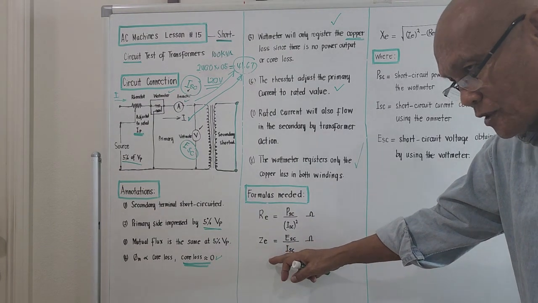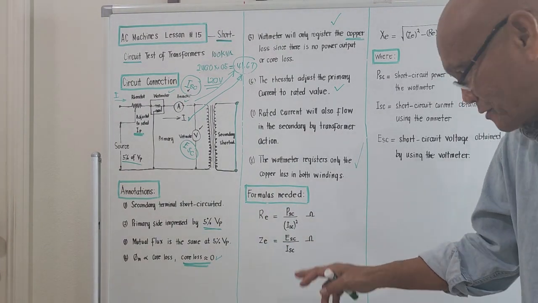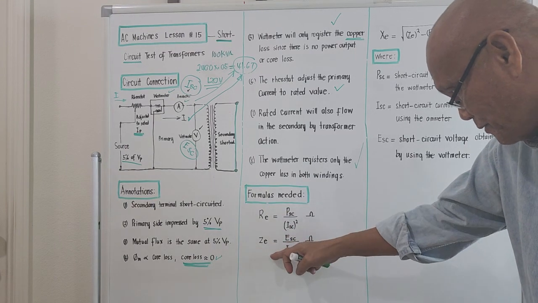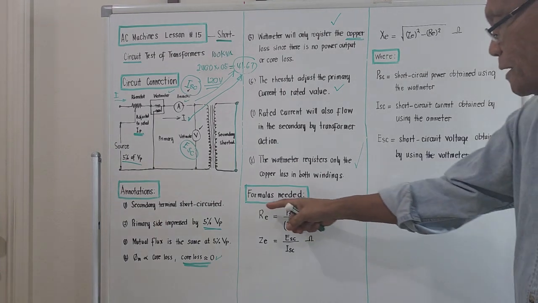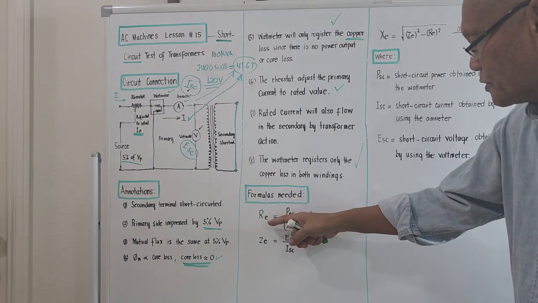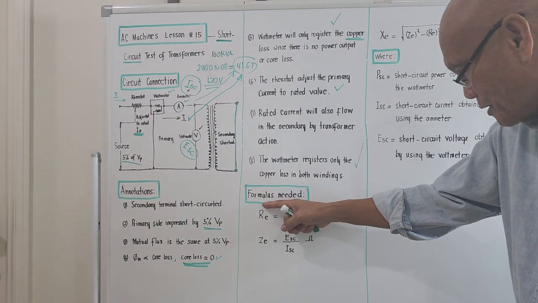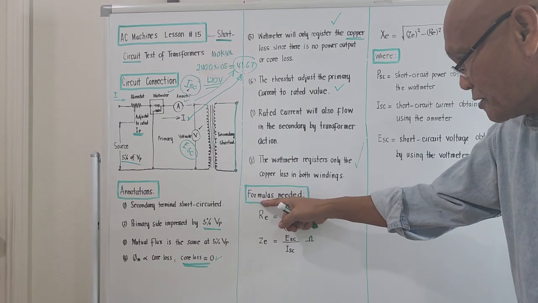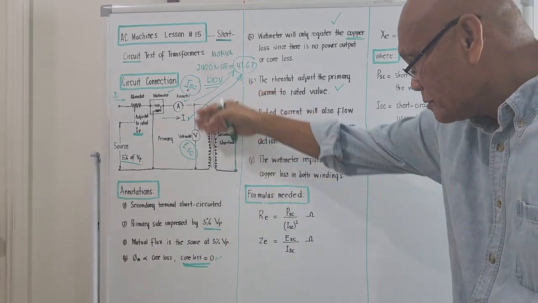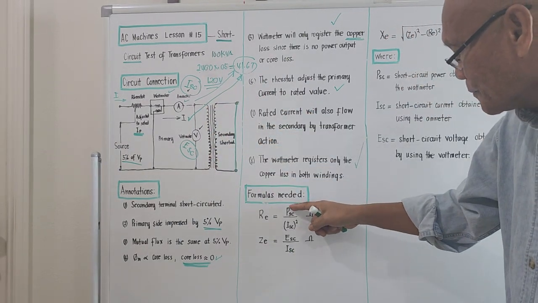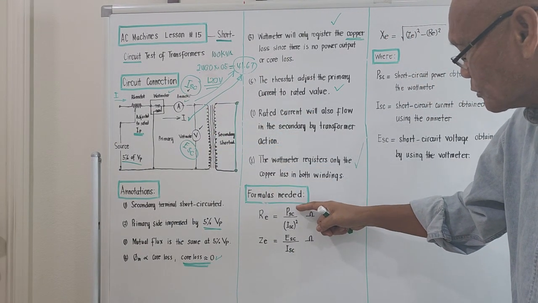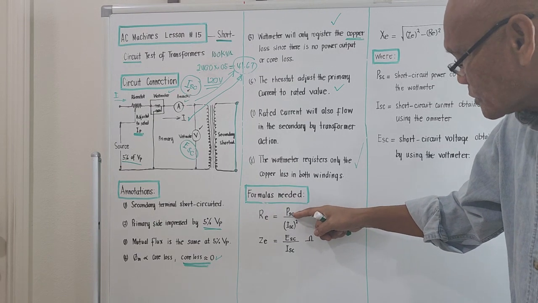Actually, we'll do first, we could not compute for the reactance. It should be the resistance first and the impedance. For the first equation, the total R with subscript E, meaning the total equivalent resistance of both windings. We are talking both windings already. It should be capital letter P with the subscript SC, meaning the total true power short circuit.